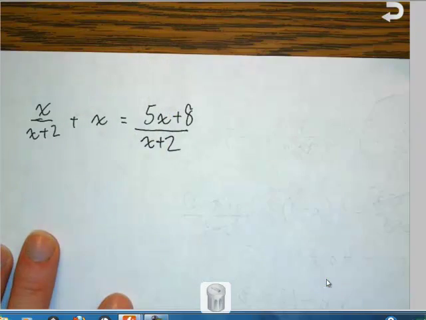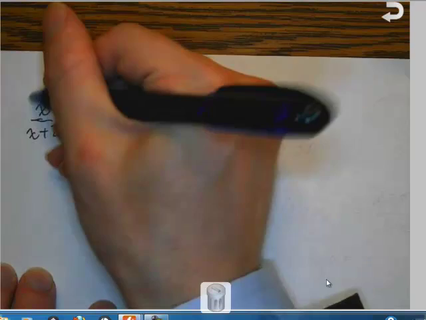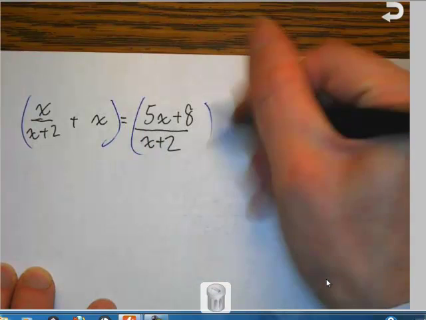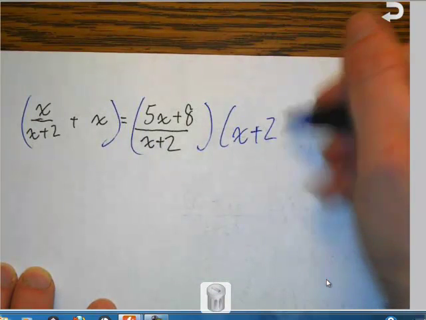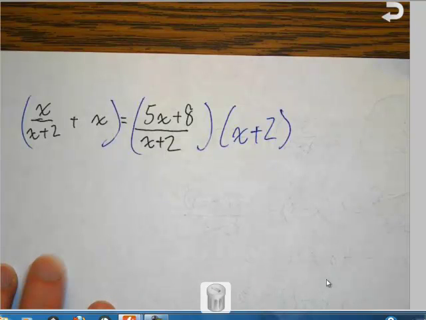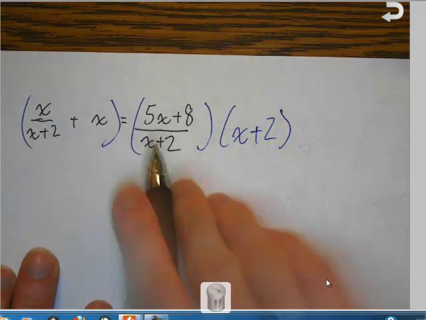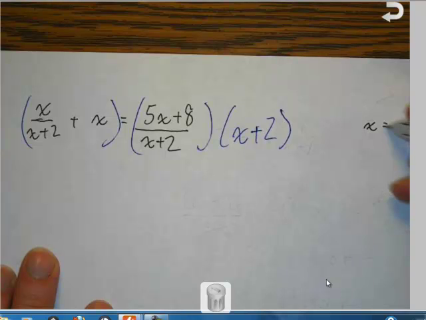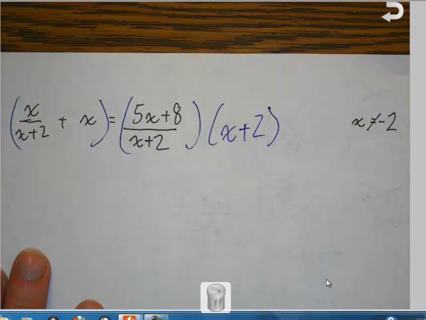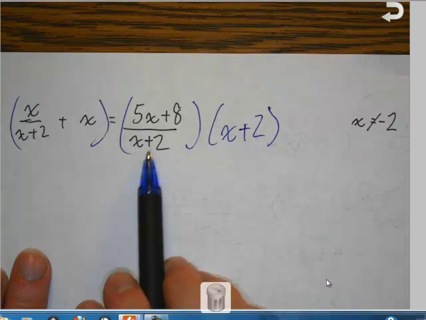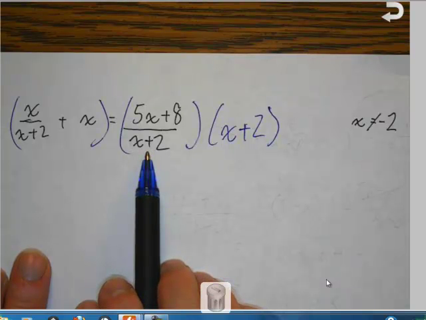Once again, nicely enough, the denominator is all the same, so you have to distribute x plus 2. In this case, we can already say safely that x cannot equal negative 2. That's in our domain. That's a restriction, otherwise the whole thing falls apart.